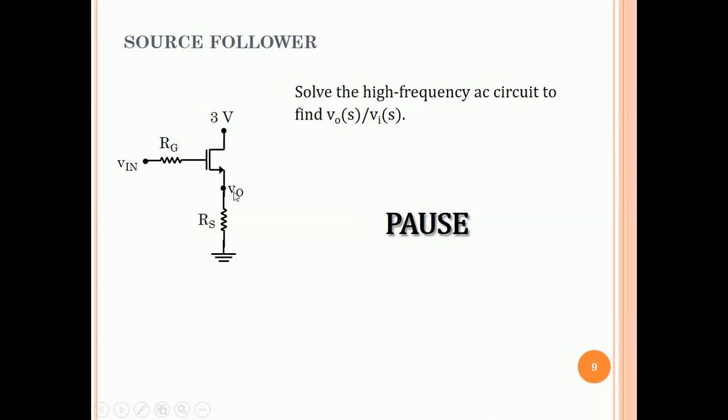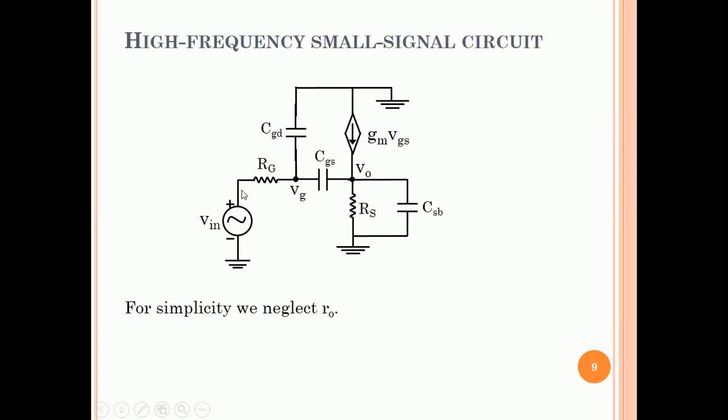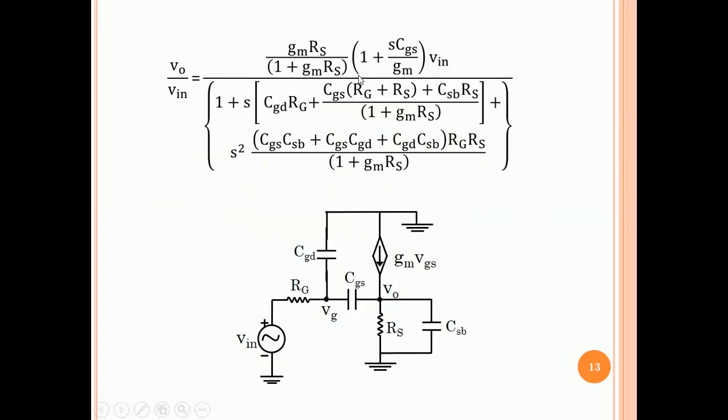Here the 0 is, let us see, 1 plus SCGS by GM. So this is a 0 in the left half plane. It's a negative value. For the common source stage, it was 1 minus SCGD by GM, because there was an inversion between the input and the output nodes in the common source stage.